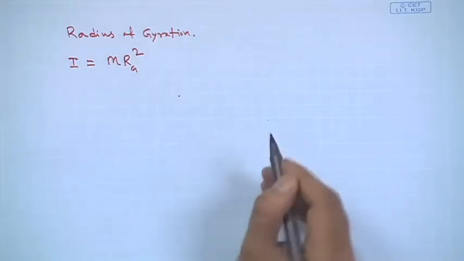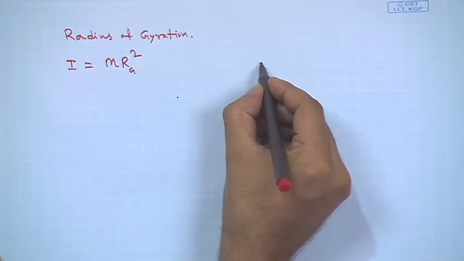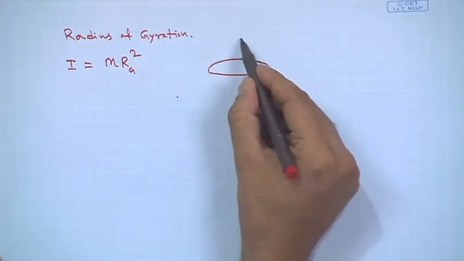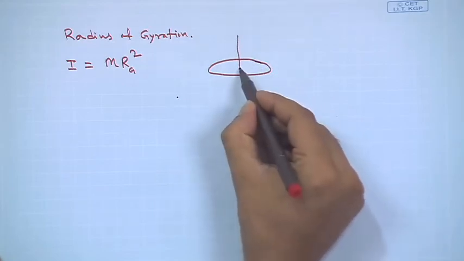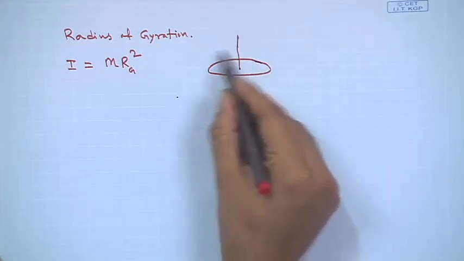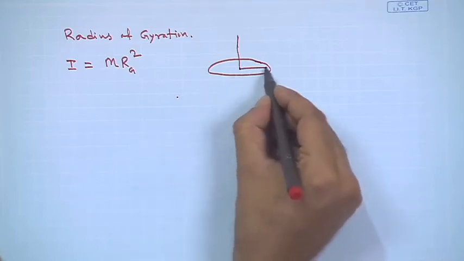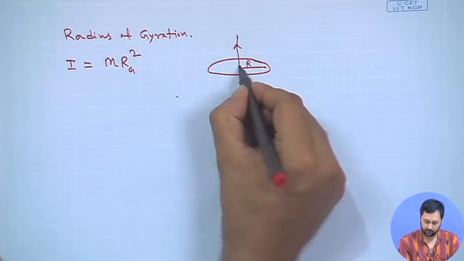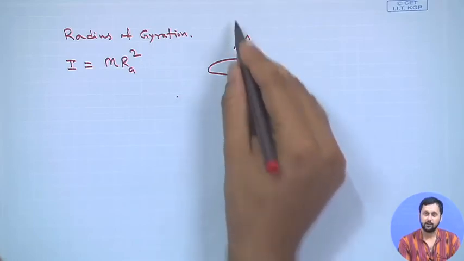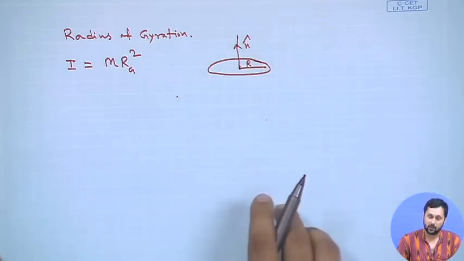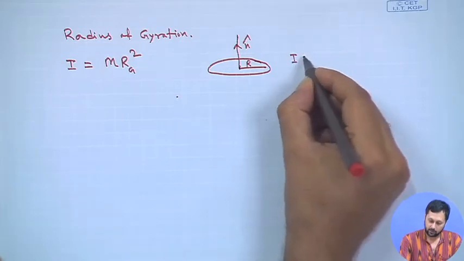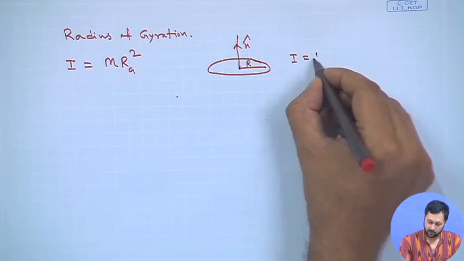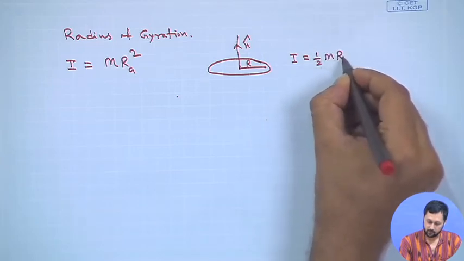Let us take an example. If you recall, in one of the last classes, we discussed the moment of inertia of a uniform circular disk of radius r about an axis passing through its center and perpendicular to its plane. We found that I for this axis is given by half m r square.